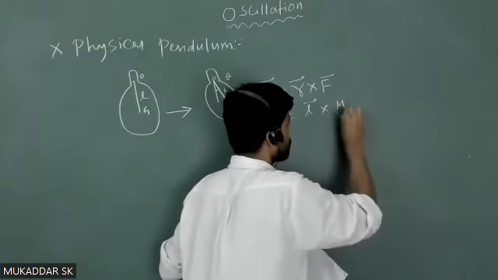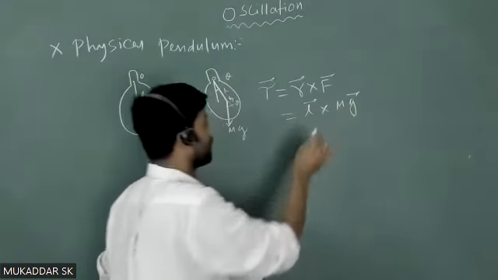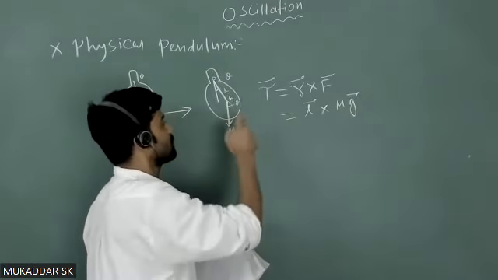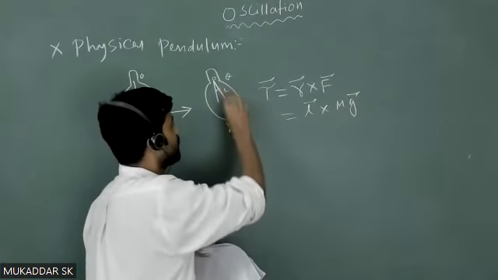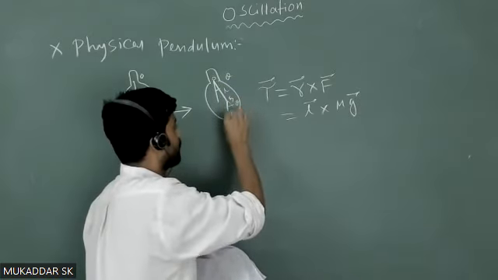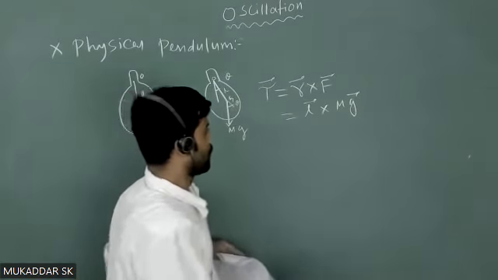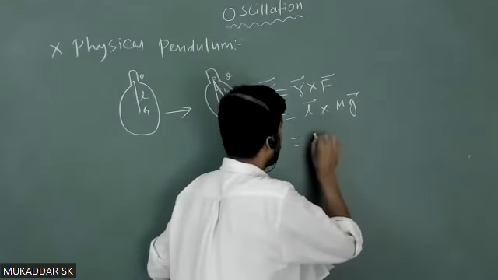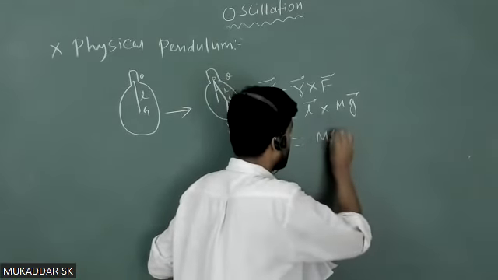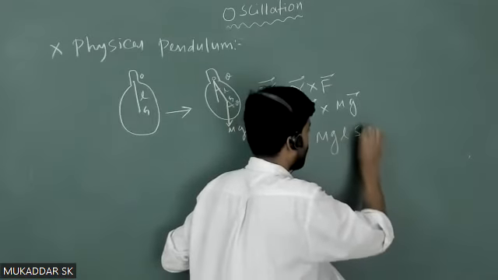And the angle between L and mg is, because R is in this direction and mg is in this direction, obviously this angle will be theta. So you can write torque will be mgL sine theta.